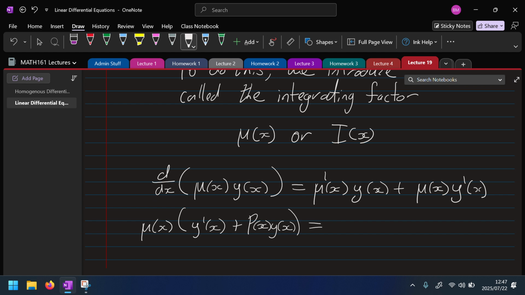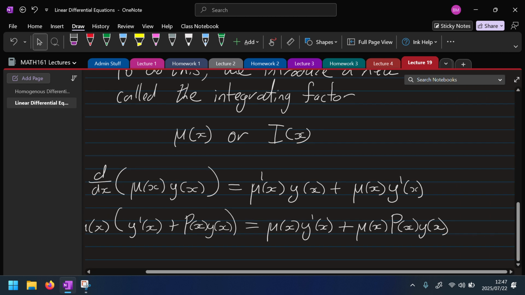So firstly, we're going to have mu times y prime. Plus, and then we're going to have mu of x times p times y. Okay, and we can see already with the two equations, we have these two terms equal.